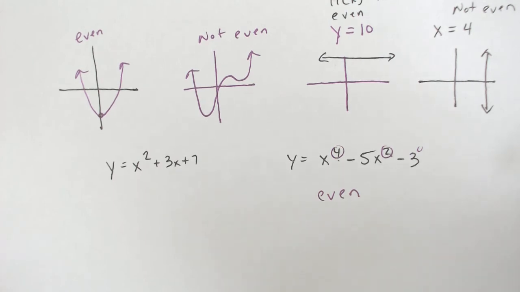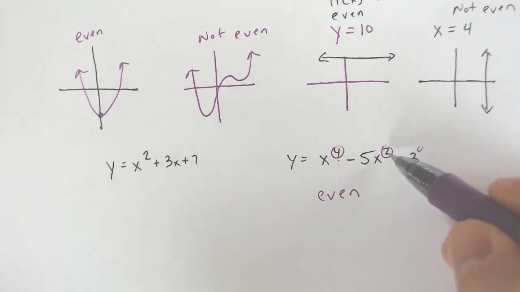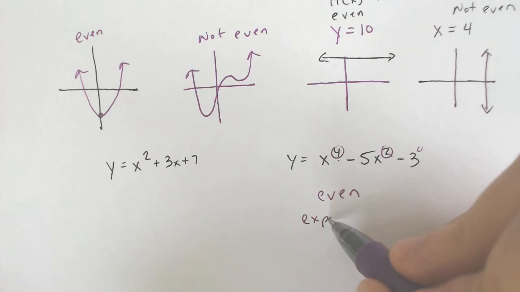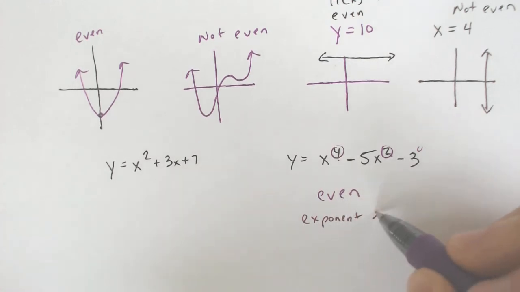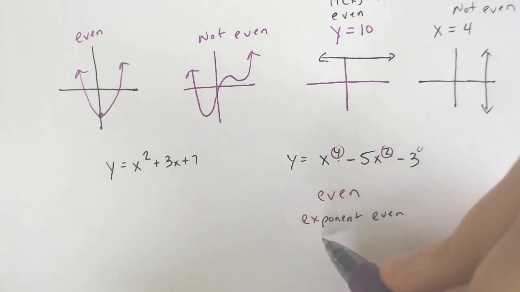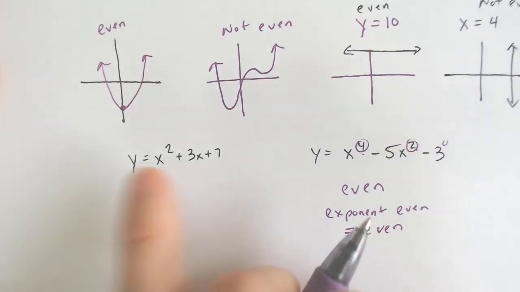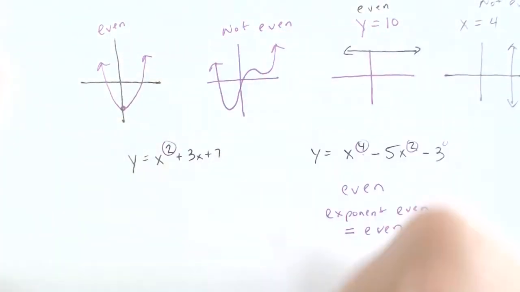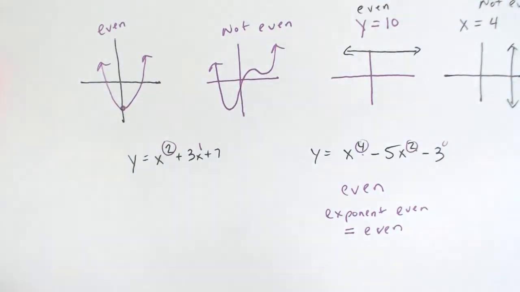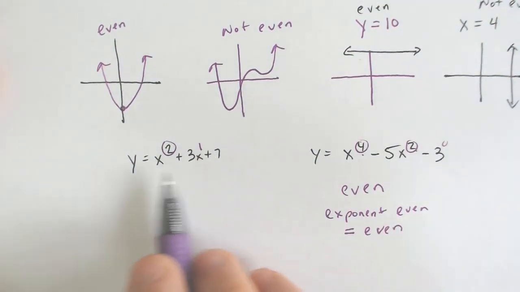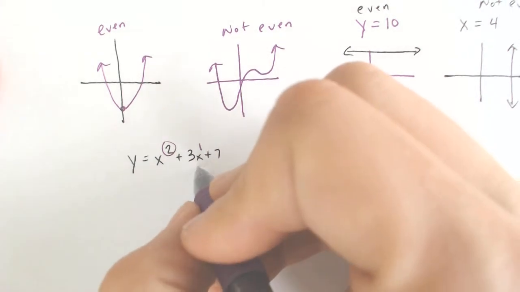Now that's not the only way to do it by far, but if the exponents are even, I'm going to write it because I want you to write it. It equals even. Here on this one, we got a 2 and we have a 1 because that's x to the first. Not all the exponents are even. We have an odd exponent.